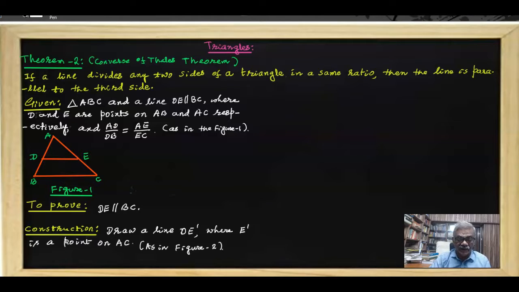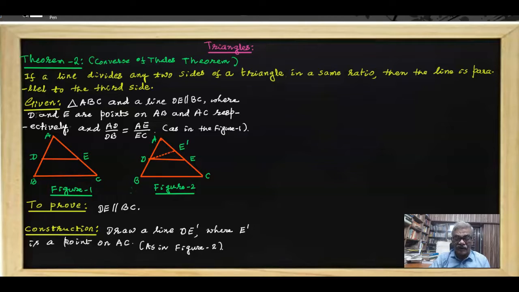To prove DE is parallel to BC, we need some construction. The construction: draw a line DE dash, where E dash is a point on AC, as in figure 2. With the help of this construction we are going to prove the theorem.